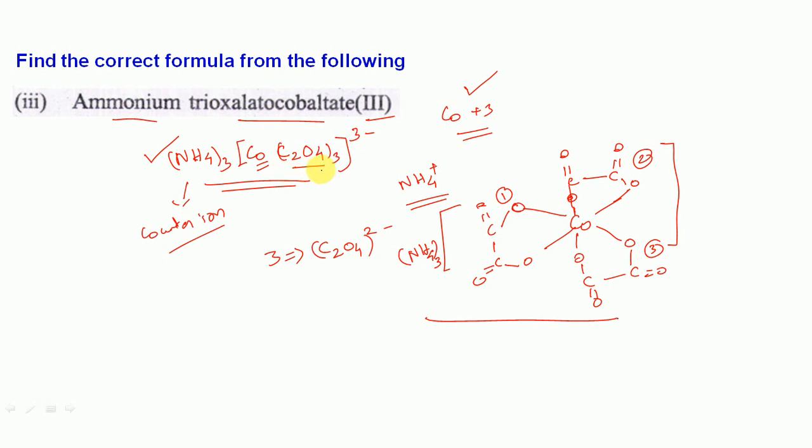This full complex, trioxalatocobaltate(III) ion, is the anionic part. The oxalate ligands are bonded to the cobalt ion through coordinate covalent bonds. This one we can remember: coordinate covalent bond.